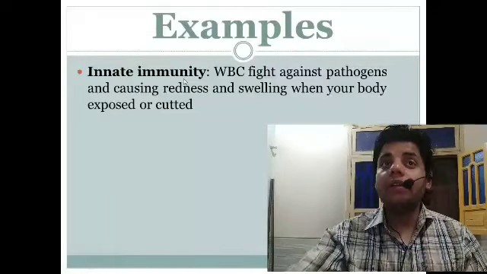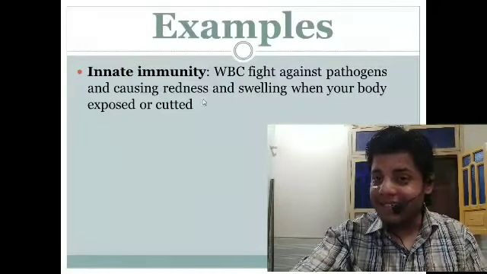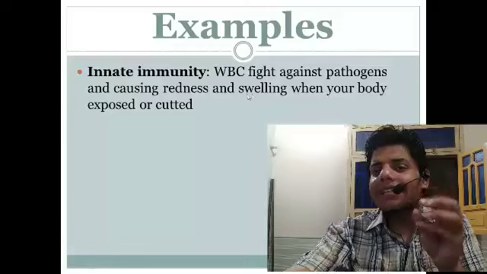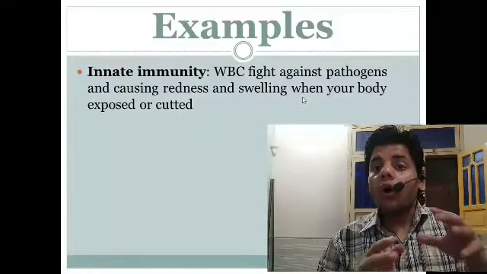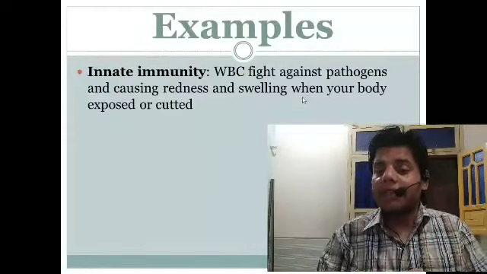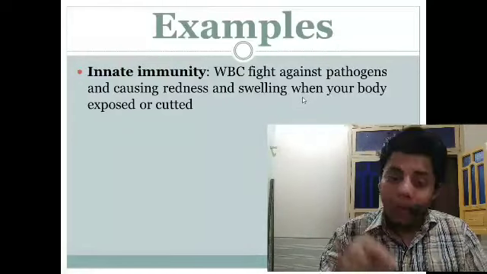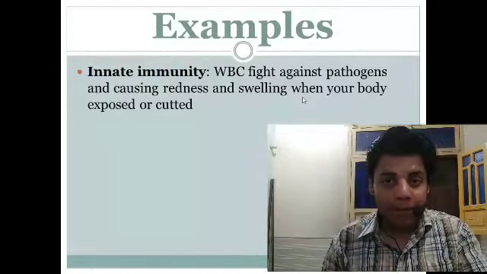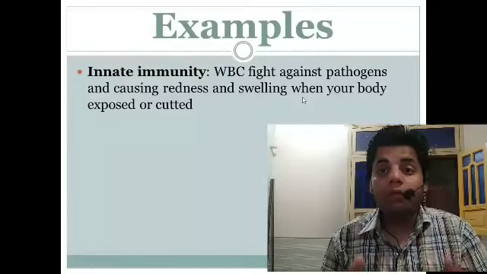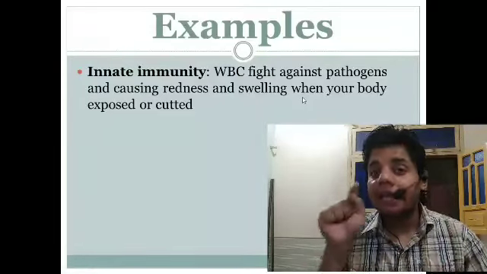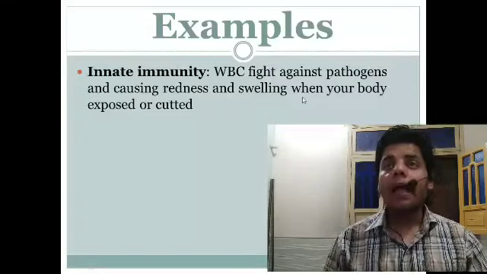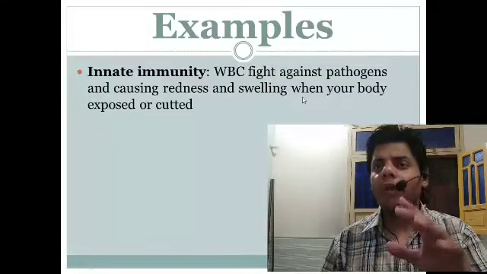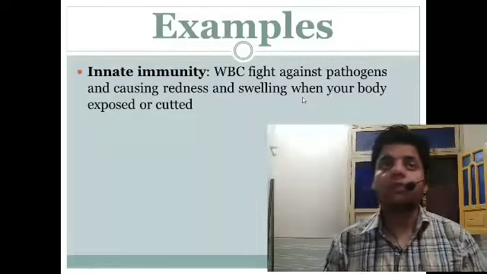In this way, redness and swelling are created inside our body. Whenever this phenomenon happens, we should know that it is innate immunity that is activated inside our body. Usually it is activated when the body is cut or exposed.